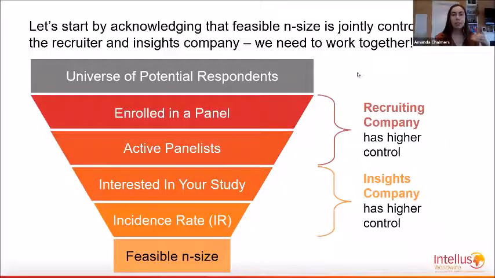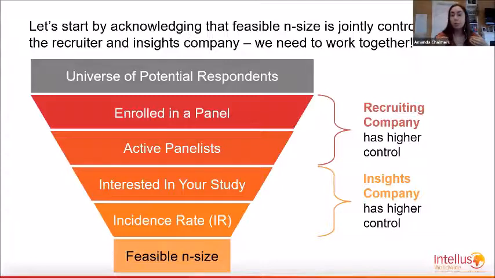And I think we need to start by acknowledging that feasible sample size is jointly controlled by the recruiter and the insights company. We need to work together on this. The recruiter has a little more control in the top, right? They're the ones building the panel, so they know who's enrolled in their panel, and they probably have a pretty good idea of who's active on their panel. The insights company, we're the ones designing the survey, right?